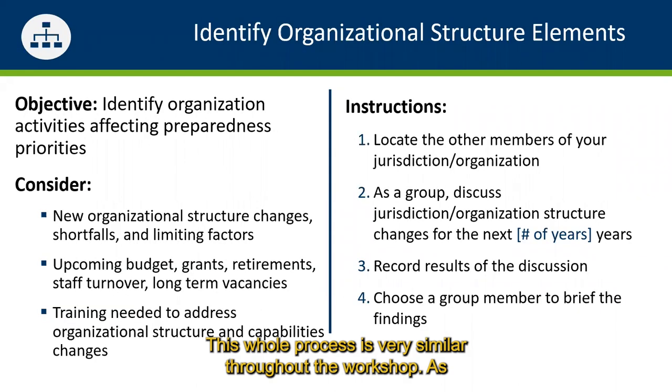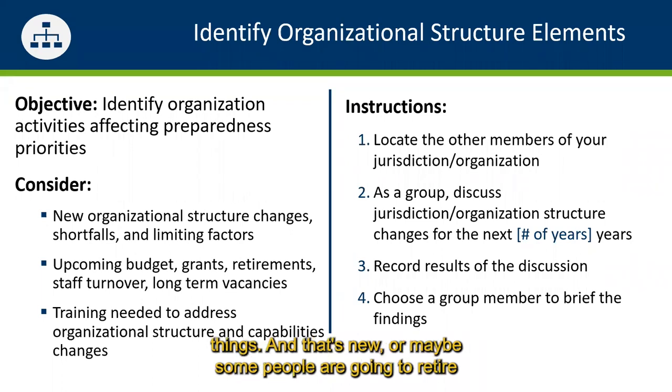This whole process is very similar throughout the workshop as we're doing this. We're looking at structural elements that might change. And what we mean by structural elements is, are there organizational structures, whether that's because one agency has moved under another, maybe there's a new grant requirement that says now public health, you must do these things, and that's new.